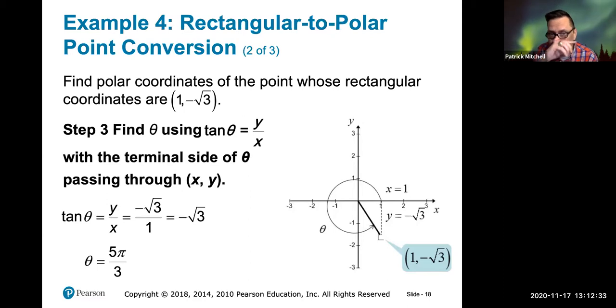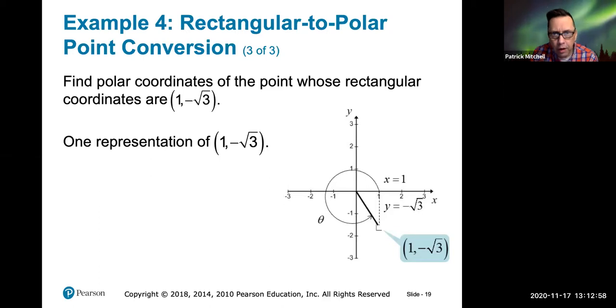If you take the inverse tangent of negative root 3, you'll get negative pi over 3. But remember, they said they wanted the value of theta to be between 0 and 2 pi. So you take that negative pi over 3 and add 2 pi to it, if you find it that way using inverse tangent.